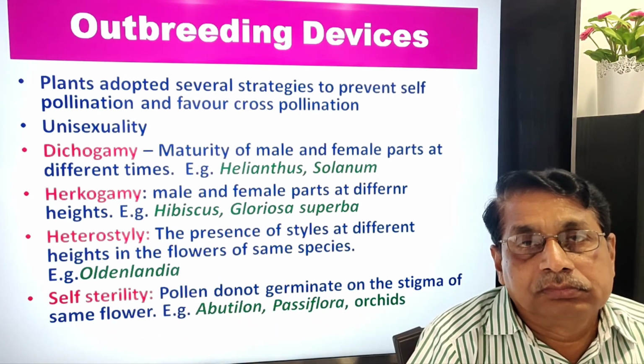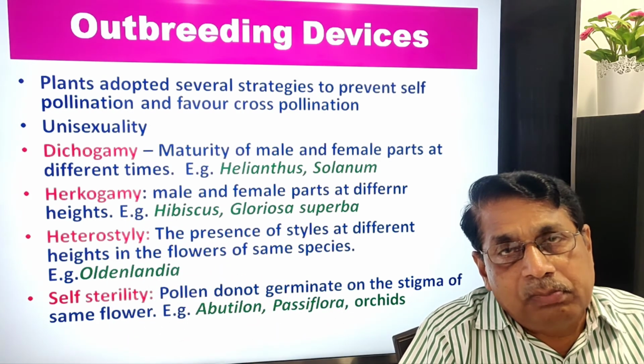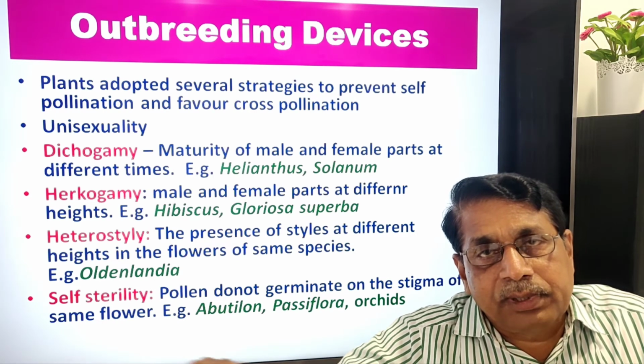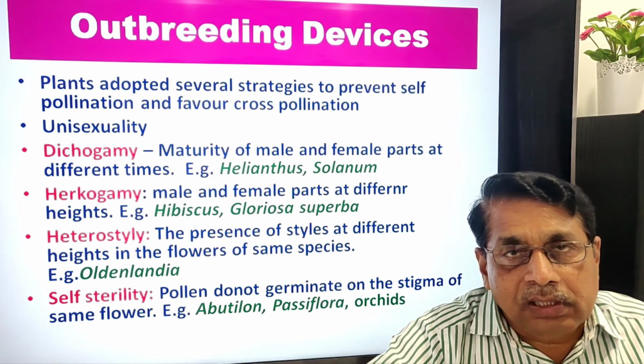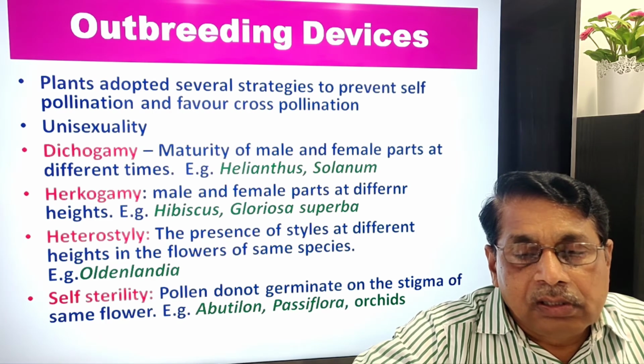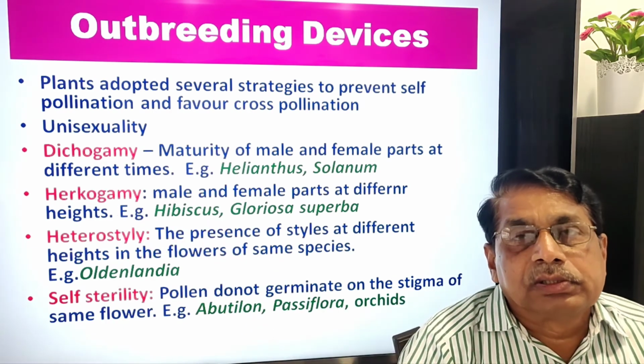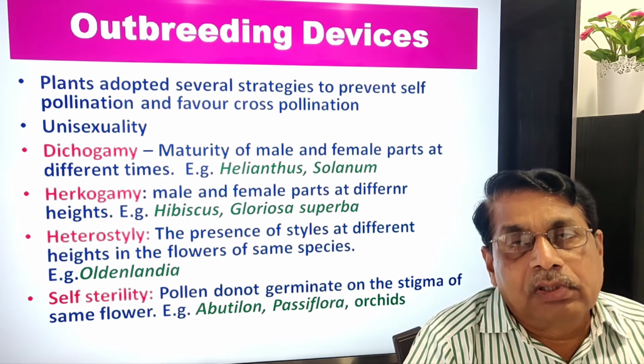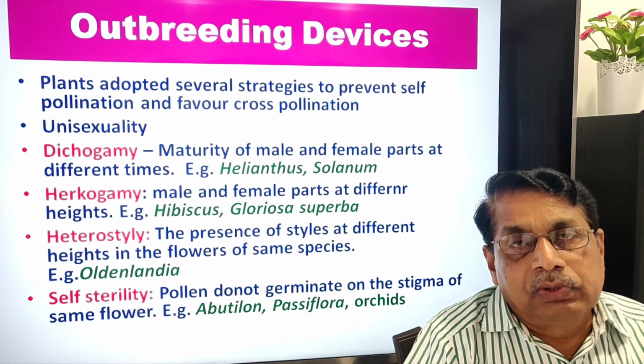Herkogamy. A flower consists of both male and female parts, but at different heights, at different places. Suppose in Gloriosa, it will be like this, the style far away from the anthers.